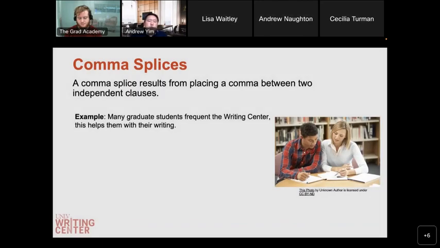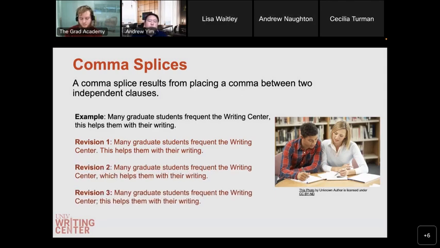In addition, we often see people using commas between two independent clauses. In our example here, it says, many graduate students frequent the writing center, comma, this helps them with their writing. We can think about making three different revisions instead.